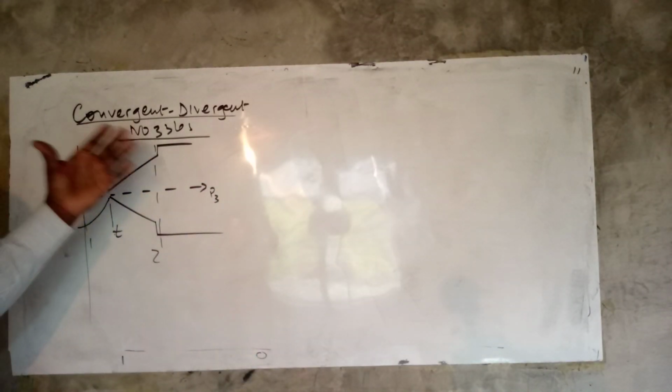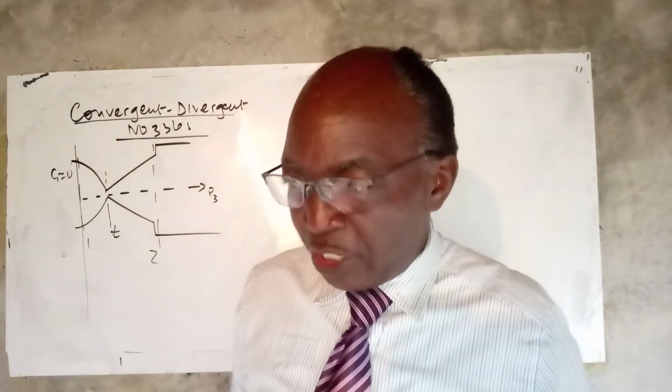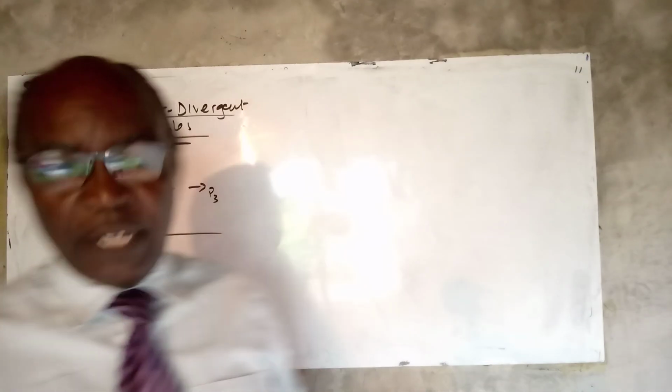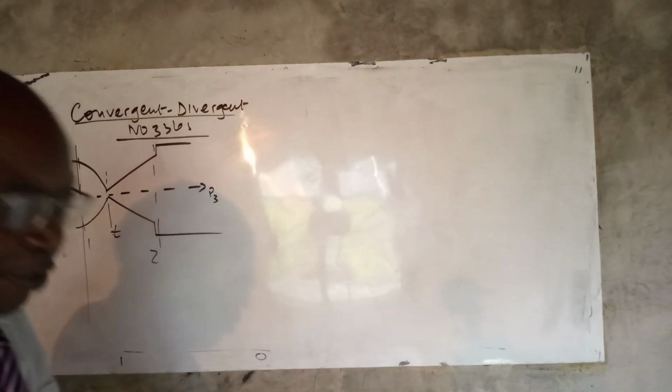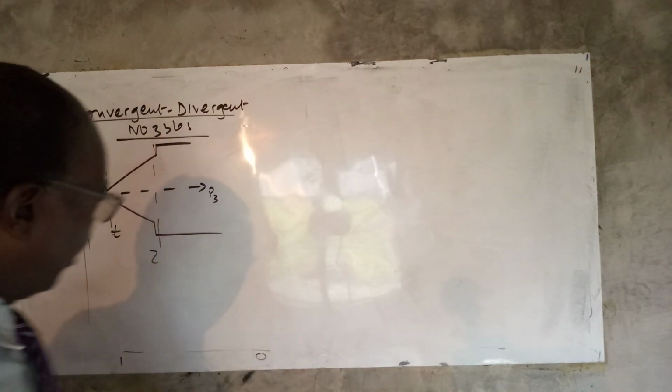Now, if we operate this convergent divergent nozzle at the appropriate design pressure ratio at the throat and exit areas, then we should have the flow from subsonic to supersonic velocity.